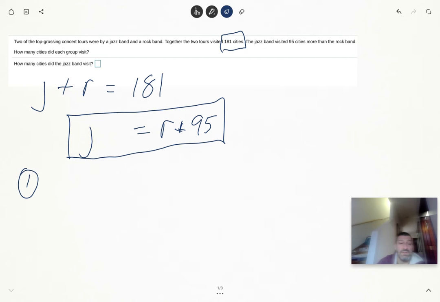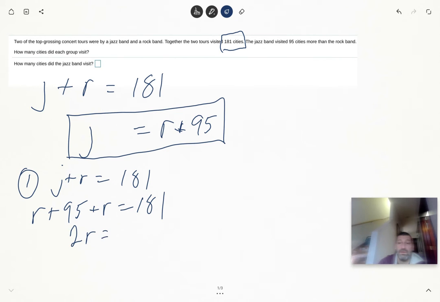So that would give us, instead of J plus R equals 181, the J is going to be R plus 95, and then the R is just R. And that's equal to 181. Okay, so 2R plus 95 equals 181.